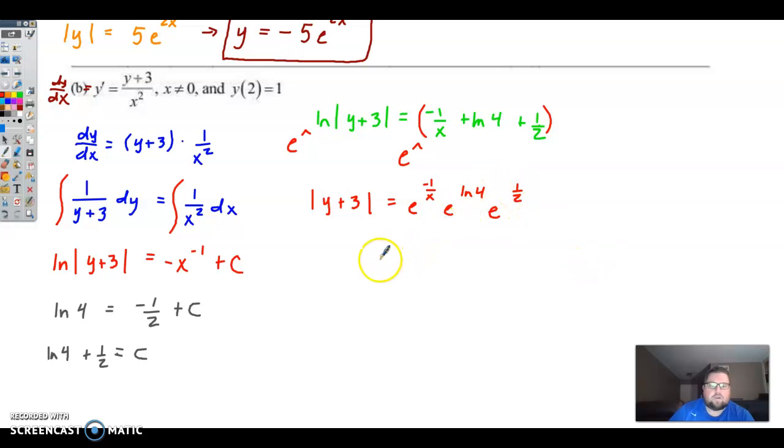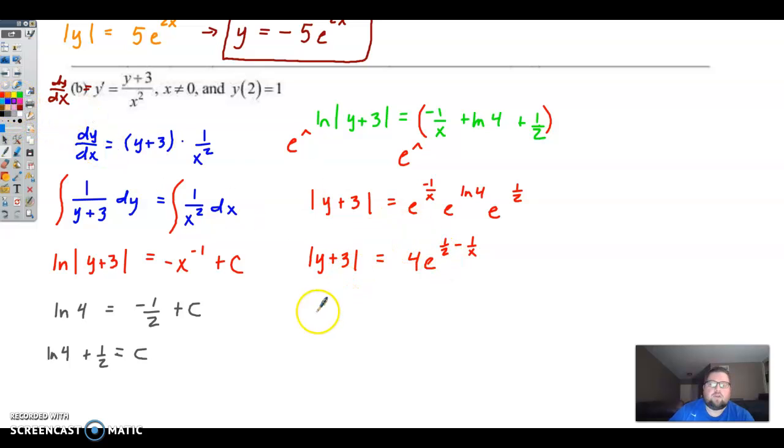The e to the natural log of 4 becomes just a 4 in front because the e and the natural log cancel out. These other 2 don't cancel out, so we're going to combine them together by using the exponent rule where we can add the exponents. And I'm actually going to switch them around. So I have e to the 1/2 minus 1 over x. All right, and then we still have our absolute value bars here.